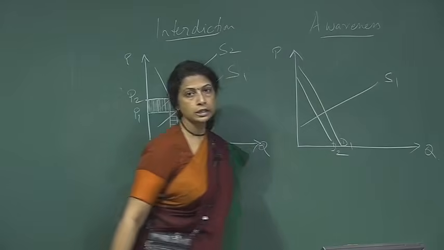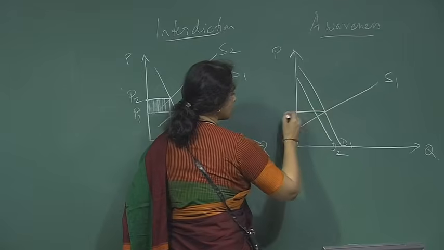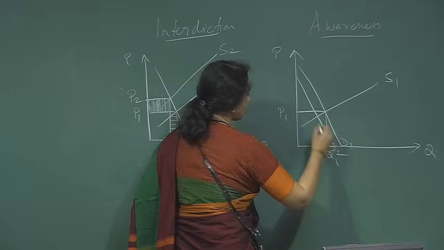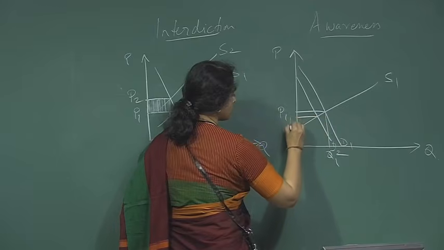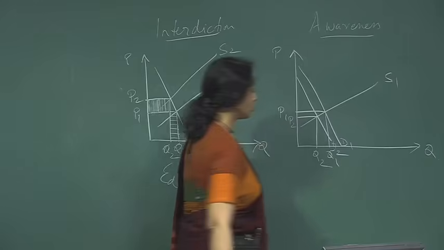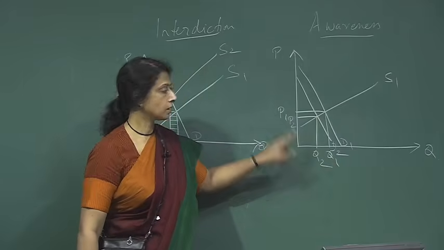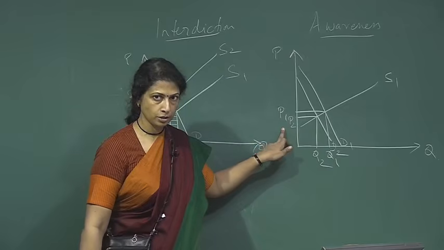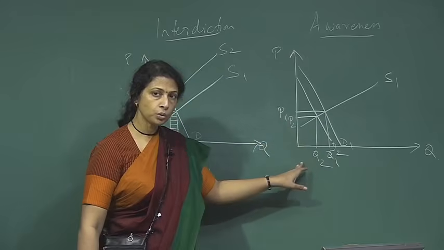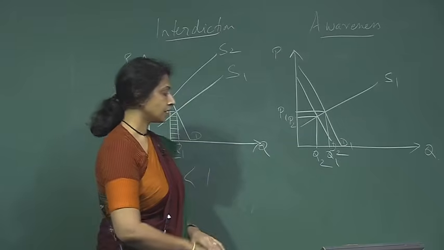So this is the new demand curve, and in this case the earlier equilibrium was P1 Q1 and the new equilibrium is P2 Q2. So not only has the quantity demanded fallen, the price has also fallen because demand has fallen, and in total the PQ has fallen. PQ is much less than the initial PQ.